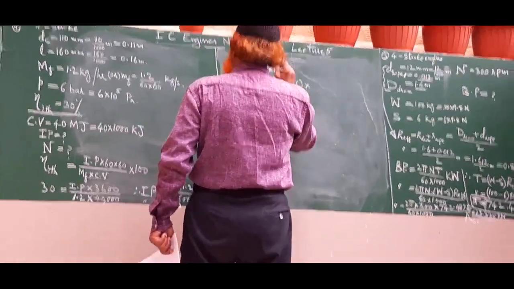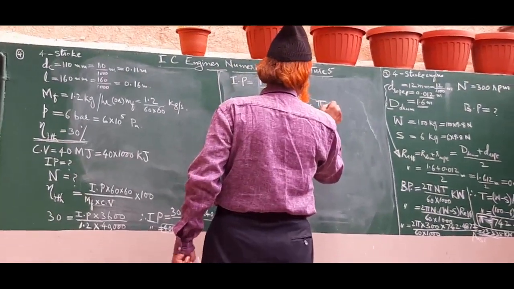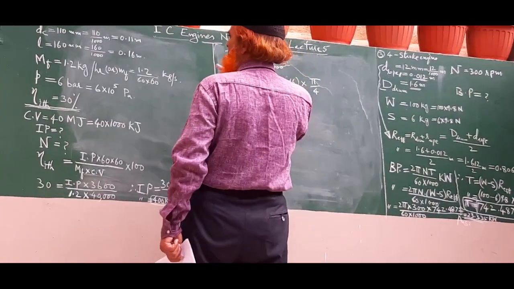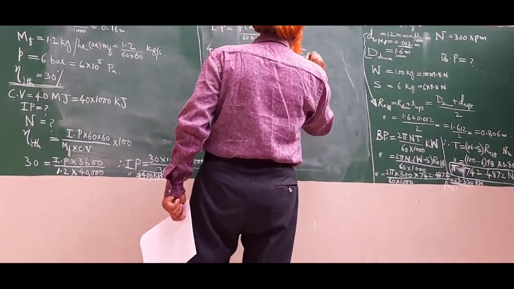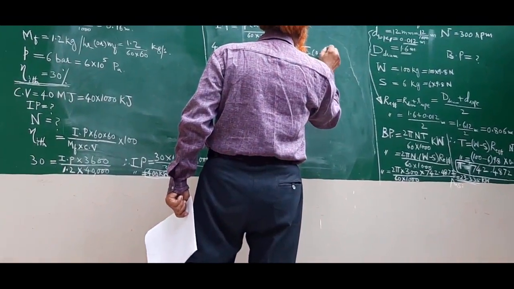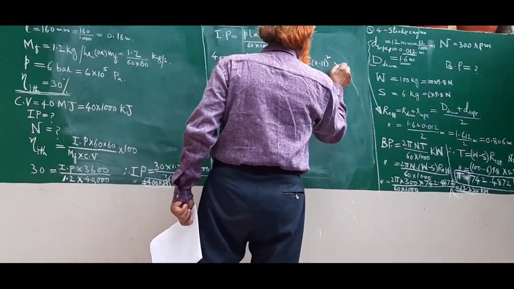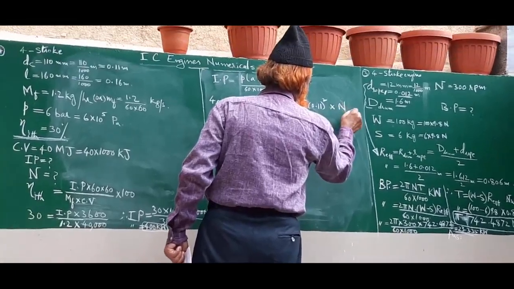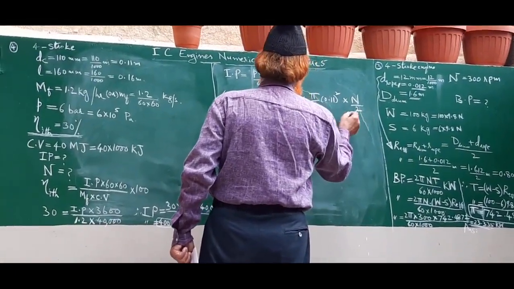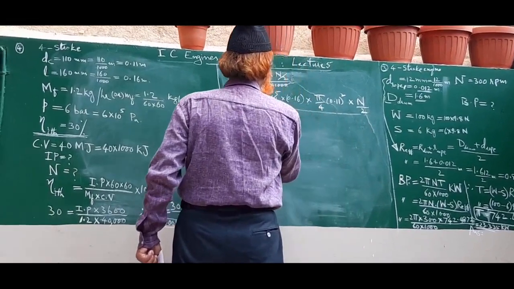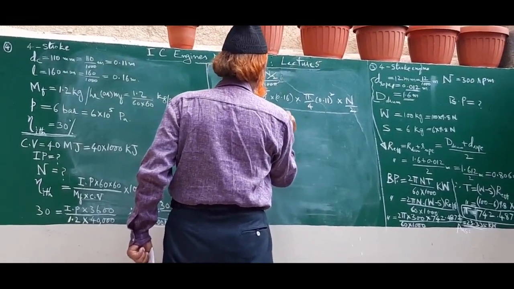And area you know, pi by 4 d square, and D is given as 0.11. Okay, multiplied by n divided by 2, this whole divided by 60 into 1000.